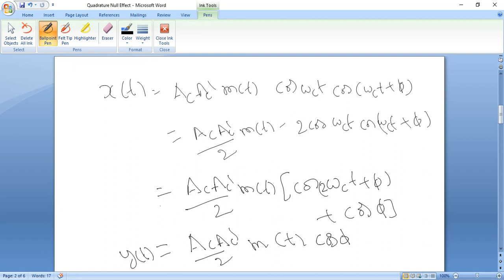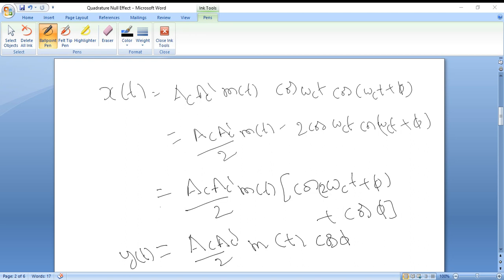If there is synchronization, the student understands. If there is no synchronization, the student cannot understand. Same is the case in coherent detection also. If there exists exact phase match, the message is reproduced. If there is no exact phase match, the message is not produced. This phenomenon is called the quadrature null effect.